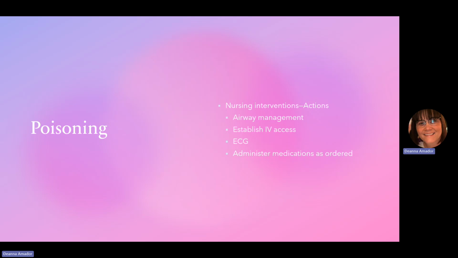Some interventions that we can be doing: we're always going to be managing our airway, establishing an IV. We already talked about the ECG monitoring, and then giving whatever medications are ordered. Now, there are different medications for different things. In your speaker notes, it really does talk about them.